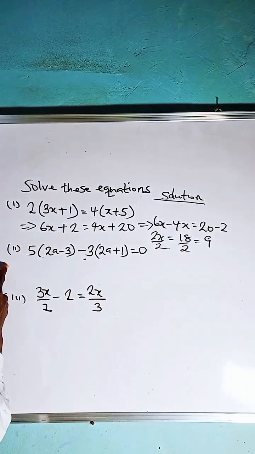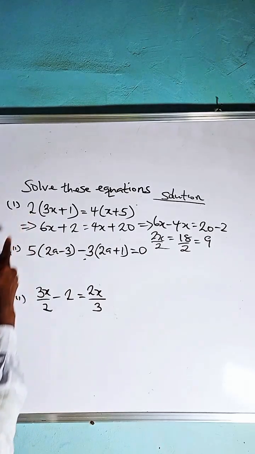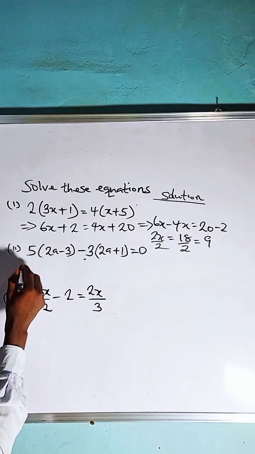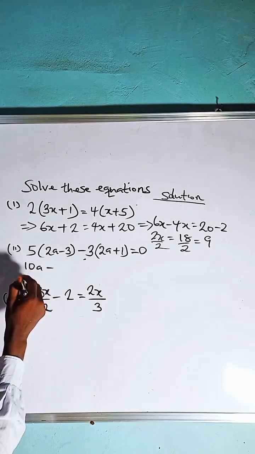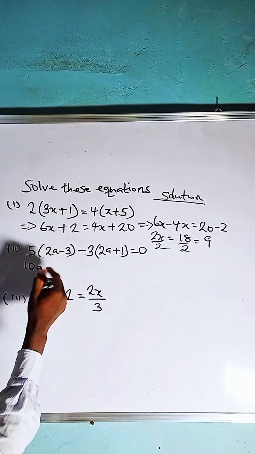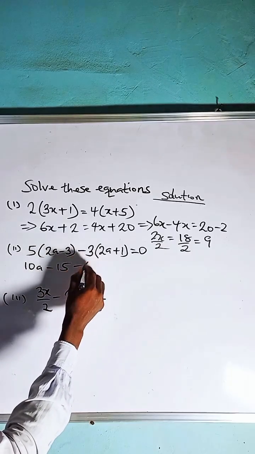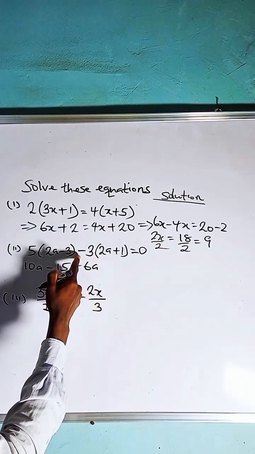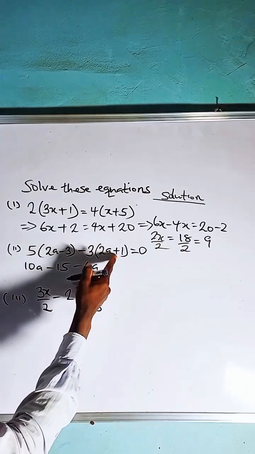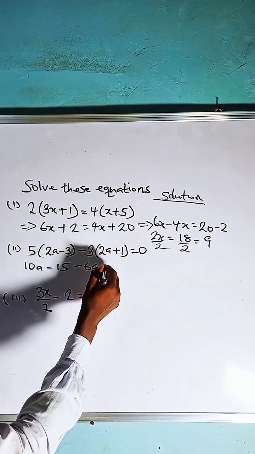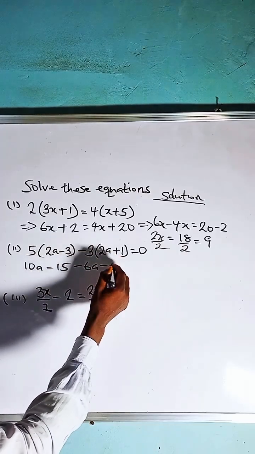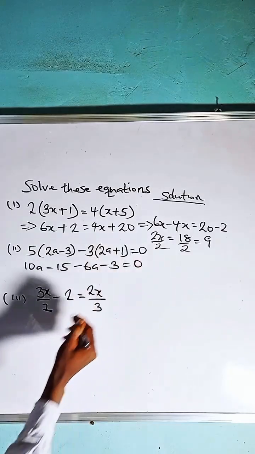In the second equation, okay, we do the same thing. So we say 5 times 2a, we have 10a, minus 5 times 3, we have 15, minus 3 times 2a is 6a, okay. So do not forget, we multiply the sign as well. So minus times plus is minus. So for 3 times 1, we have 3 equals 0.